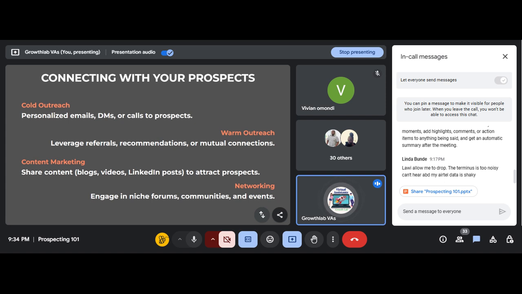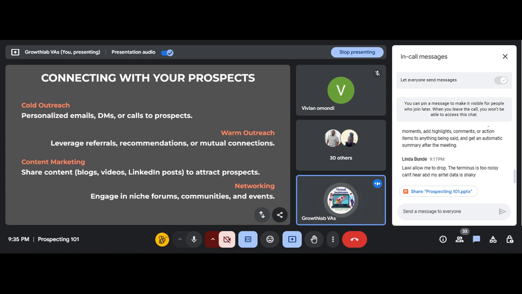Now, when connecting with your prospects, that's after you've identified them, there are four ways you can go about it. One is cold outreach, two is warm outreach, three is content marketing, and the fourth one is networking.